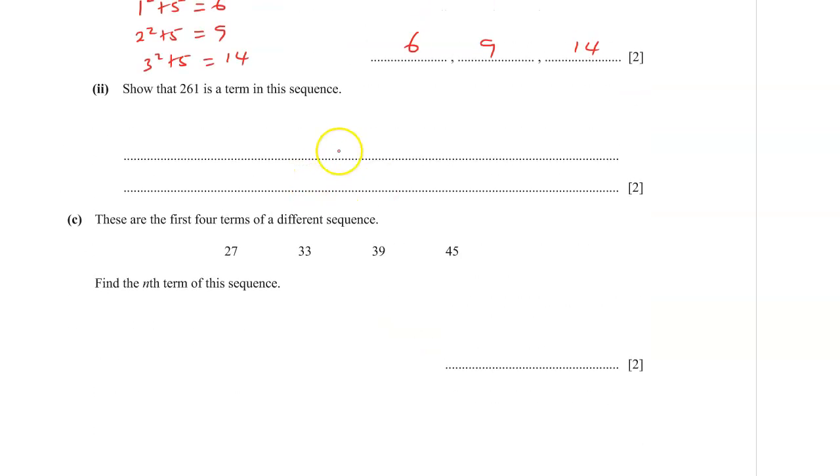Show that 261 is a term in this sequence. n squared plus 5 is equal to 261.